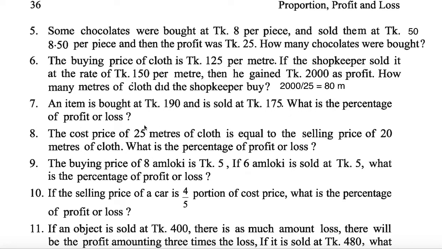An item is bought at 190 taka and sold at 175 taka. What is the percentage of profit or loss? This time they asked for percentage of profit or loss. Okay, it's definitely a loss. How much? 15 by 150 into 100.